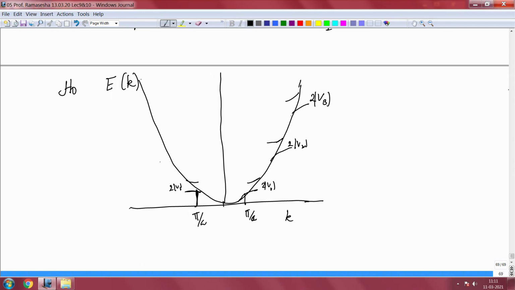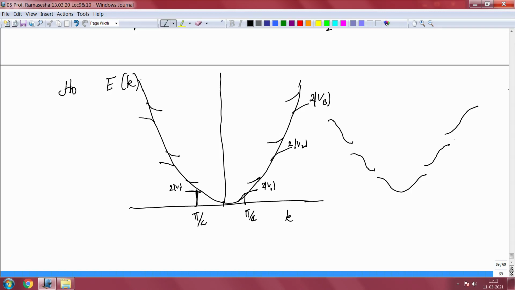So, let me also show it on this side. We can show it as something going like that, and then another state that is going like that, and another state that goes like this.